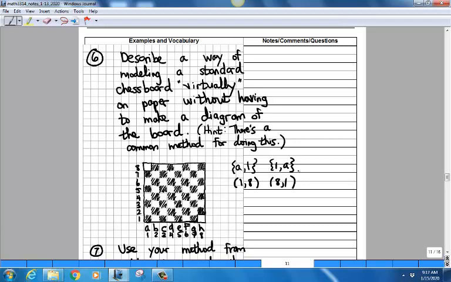Okay. So here we could use a set of ordered pairs to represent the entire chessboard. So we can model the chessboard as a set of ordered pairs. All right, that's what I'm getting at. It is some way of writing down the chessboard without having to actually diagram the entire chessboard.